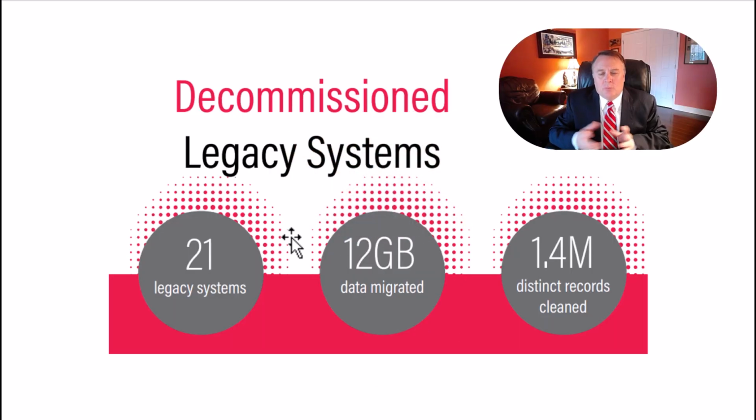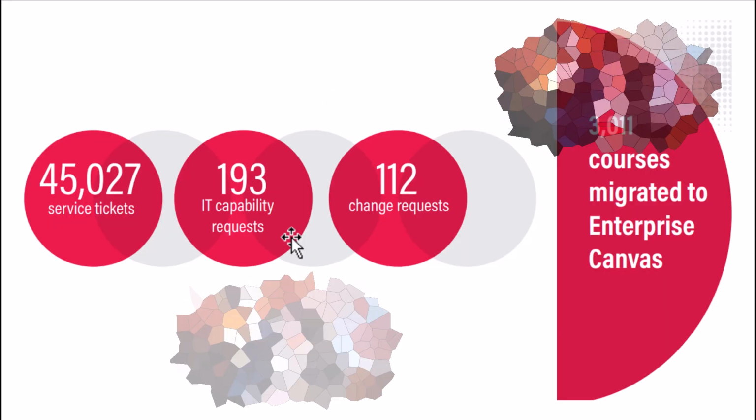Here's some more data on the decommissioned systems. 21 legacy systems moved, 12 gigs of data, and cleaned up over 1.4 million records. Remember, one of the challenges in large system migrations is data. In fact, it's probably the biggest challenge, getting the legacy data to match up with the new data sets and the way it all merges together. So quite an accomplishment from the team.